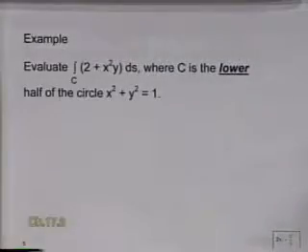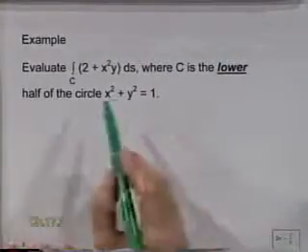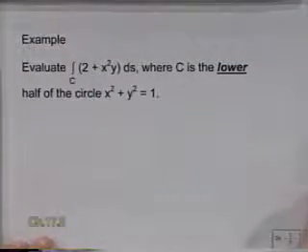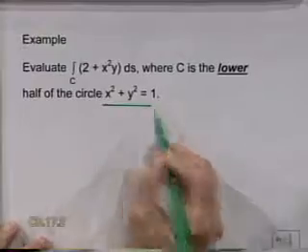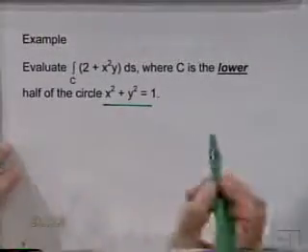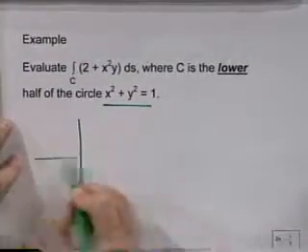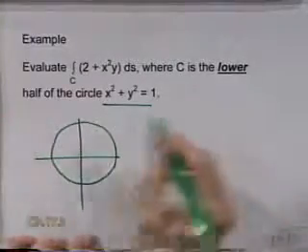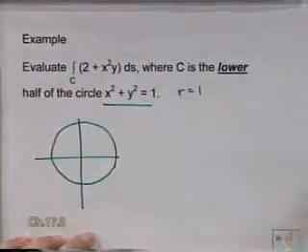So in this particular one, they want me to come up with the integral over c of 2 plus x squared y ds, where I have the lower half of the circle, x squared plus y squared equals 1. I can draw my circle. Okay, and we can notice my radius is 1 here, because square root of 1 is 1.